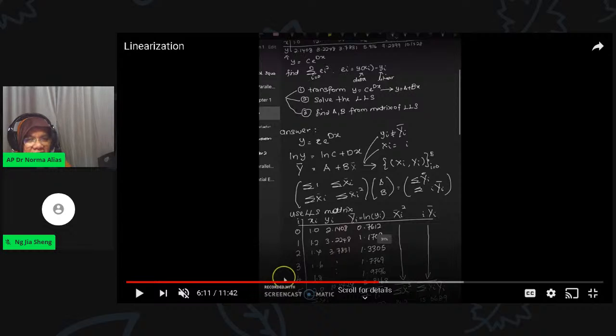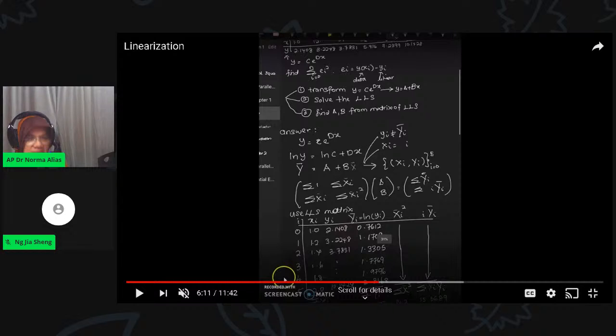Okay, page 40. What is summation 1? Okay, you can go to the book, linearization, page 112.